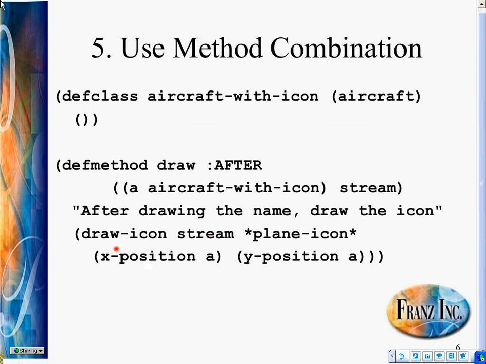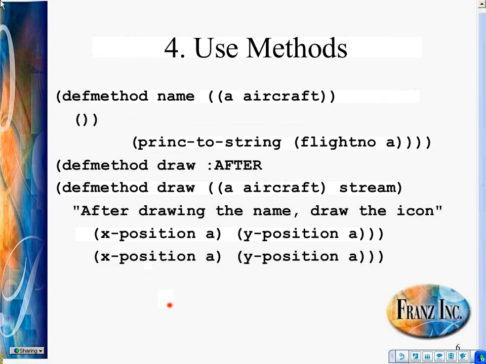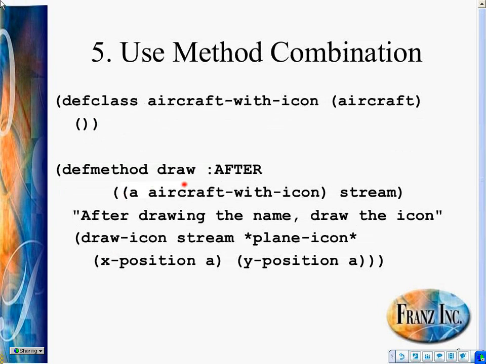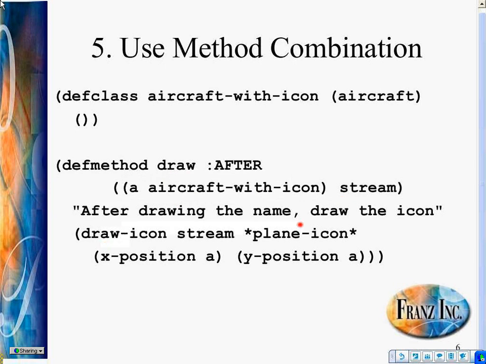Remember draw-icon. Did we define draw-icon? No, we just defined draw. Oh yes, this is our version of draw. We've already defined the draw method on aircraft. This is the draw method, an after method specialized on aircraft-with-icon. And after drawing the name, draw the icon. And so we have some function draw-icon, and it draws the plane icon at the position as well as the name.